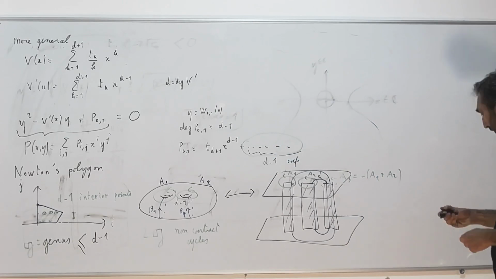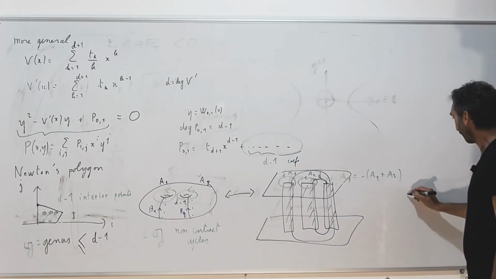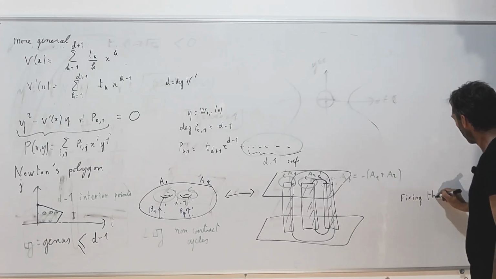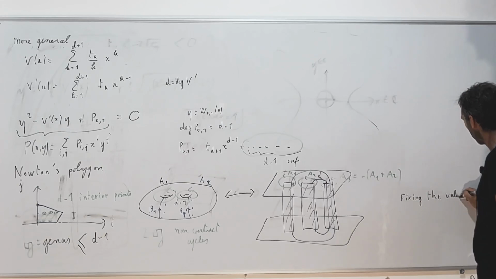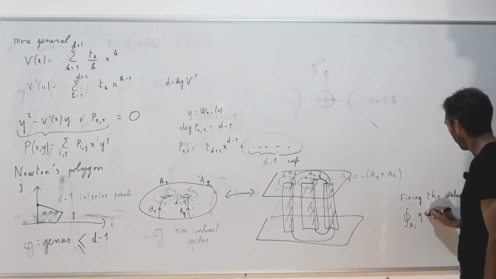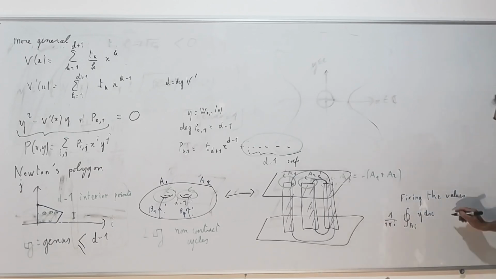And so now if you fix the values of the integral over A_i of y dx, let me call them epsilon_i. In all my framework, they are equal to h bar and n_i.